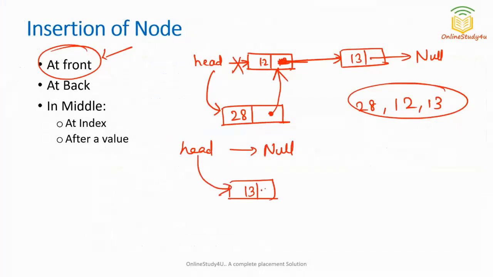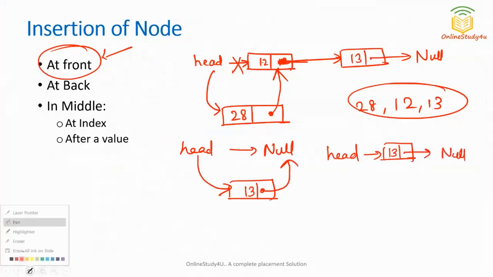Now this head is pointing to here and this is pointing to null. Sorry, my bad. First we inserted 12, so this is 12.